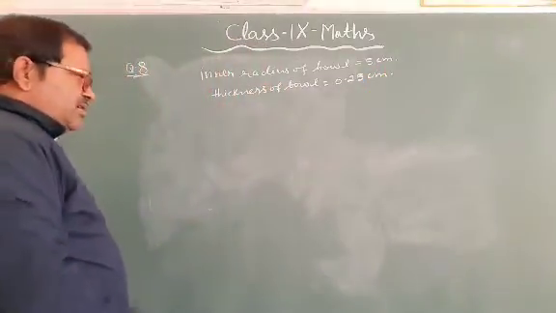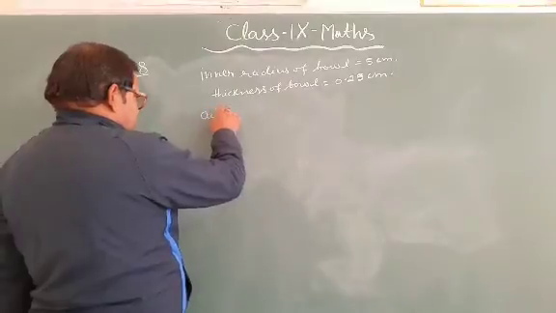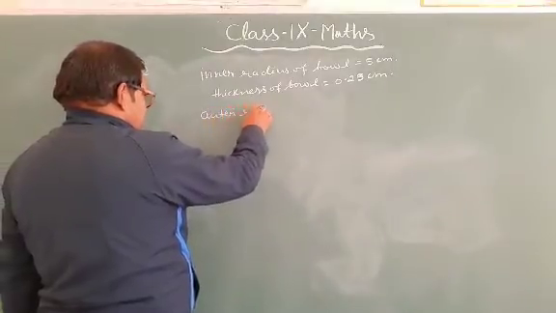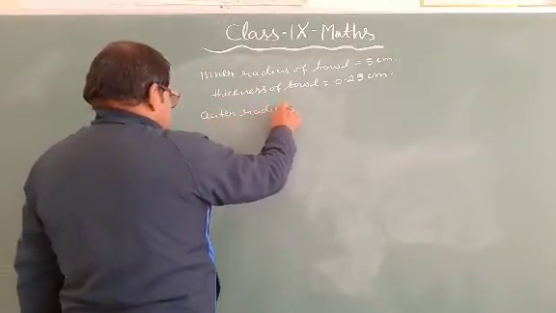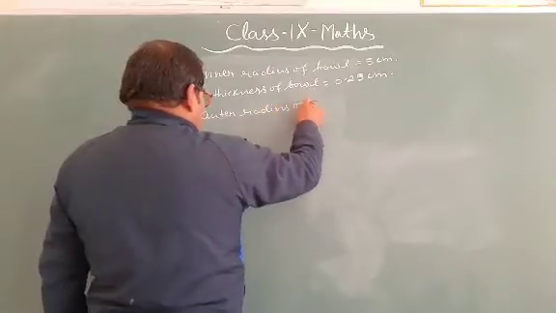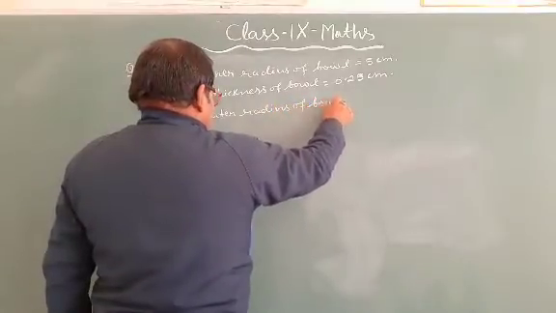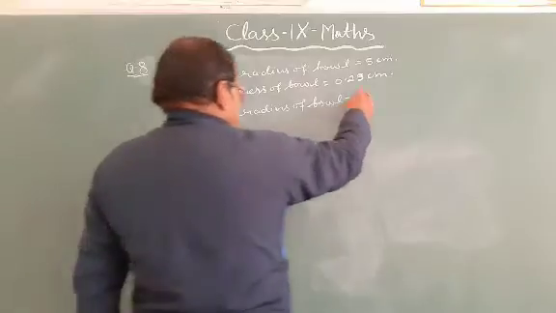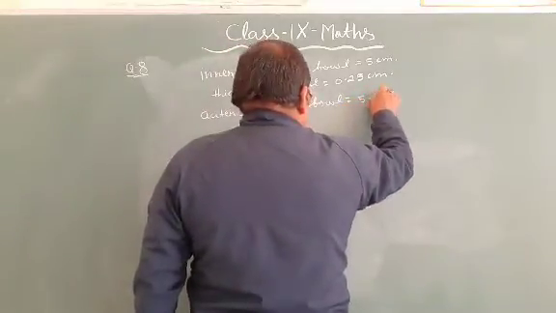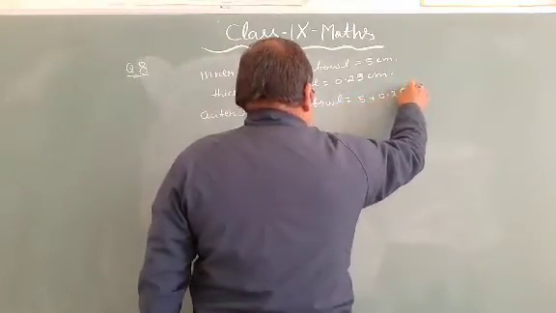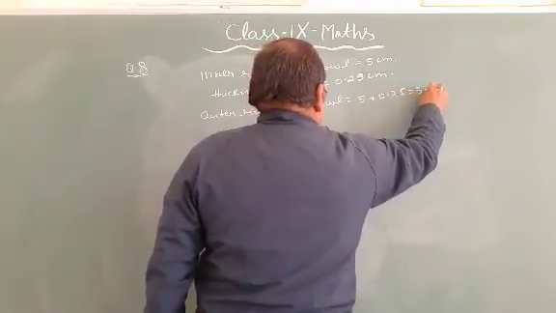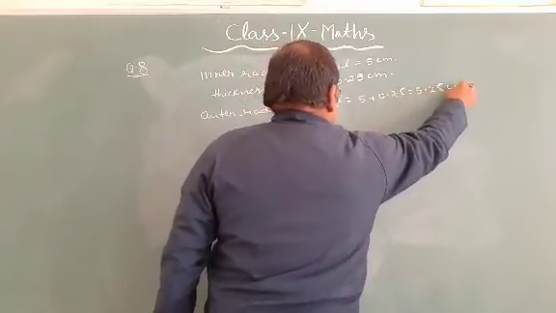So the outer radius of bowl is equal to 5 plus 0.25, equal to 5.25 centimeter.